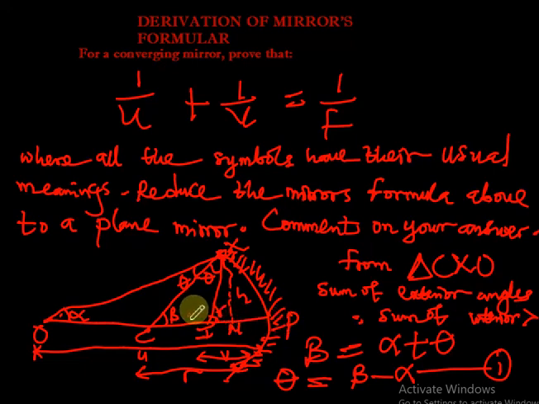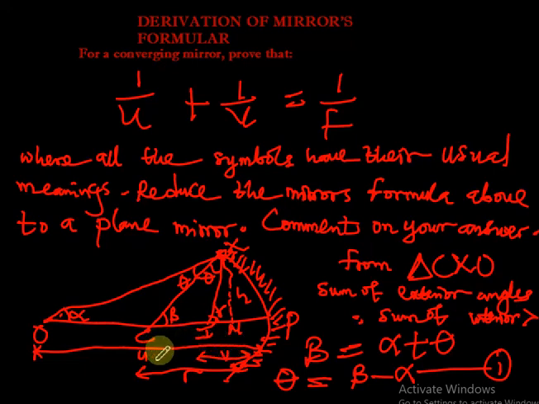If you consider triangle XCN, you are going to have XN, the height, over CN, and at the same time XN over CP, which is h over CP.